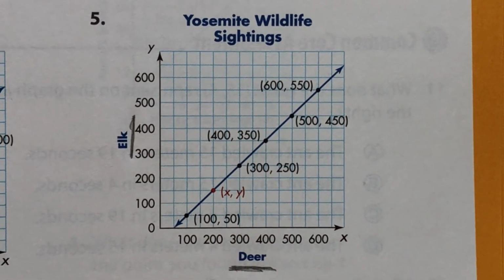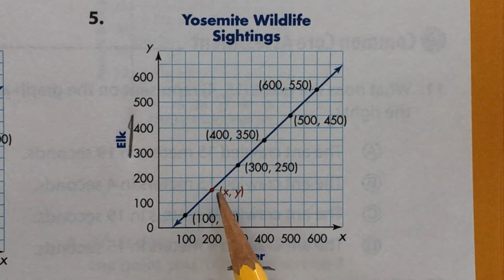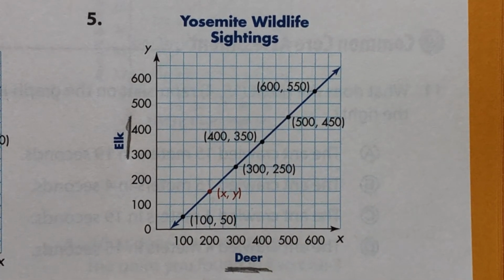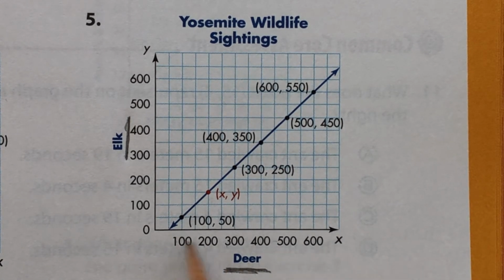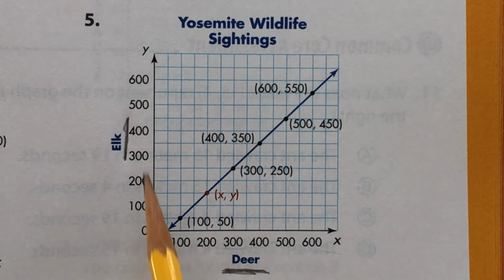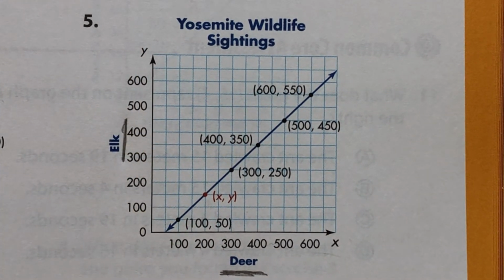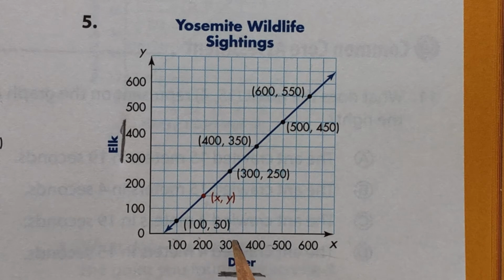All right, so what we want to do is find out what this missing x, y coordinate is. Now, in order to figure this out, we're not counting by ones. Look at what we're counting on the x-axis. Look at what we're counting on the y-axis. And what I also notice is that there's a gap between 100 and 200, 200 and 300.